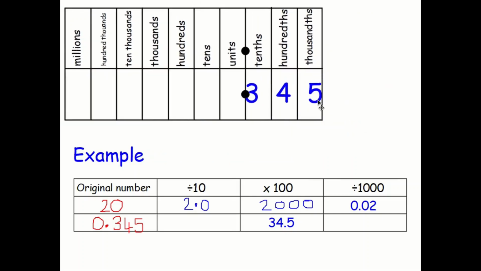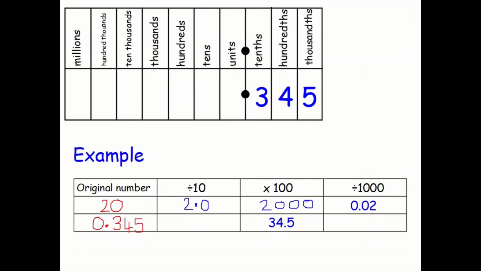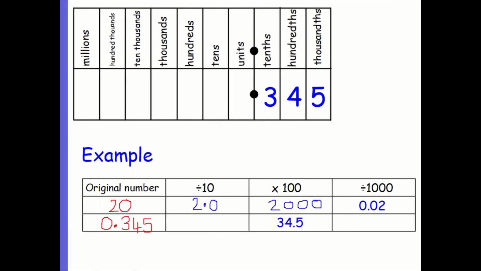I've got 0.345 and we want to divide it a bit further now. So I'm going to create some more columns. That's absolutely fine. This table goes on forever, remember? So let's create a few more columns. We've got 0.345.